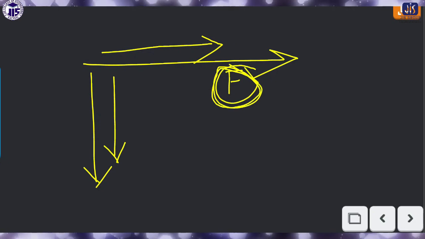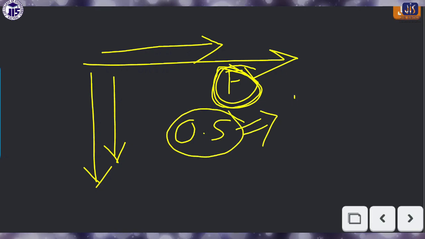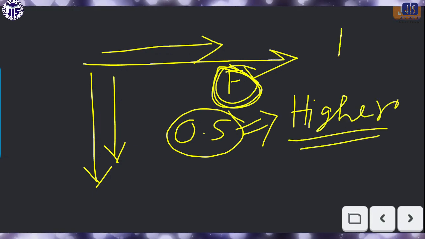Second thing, the oxidation state of the atom, is very, very important. If the oxidation state is higher, then obviously electronegativity will be higher. I am giving you one example.